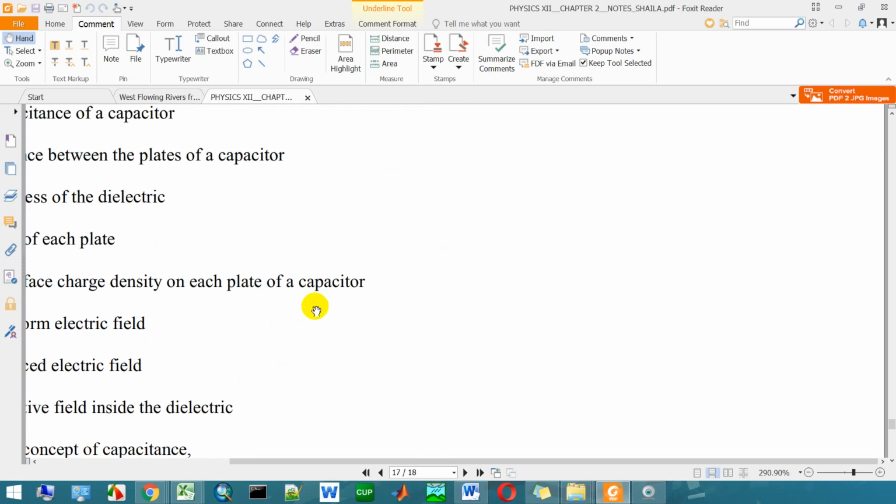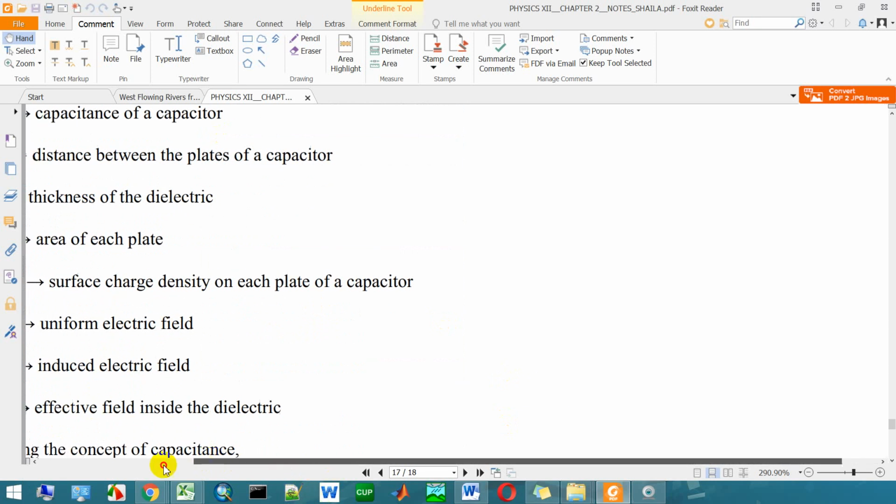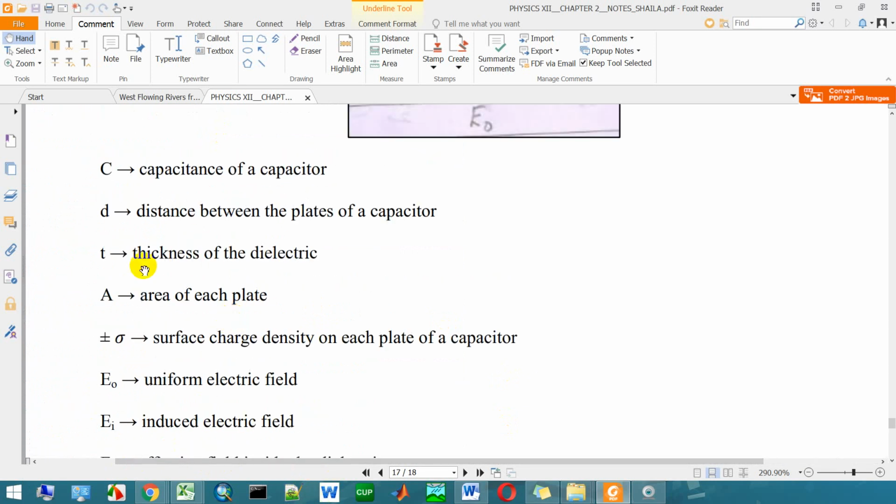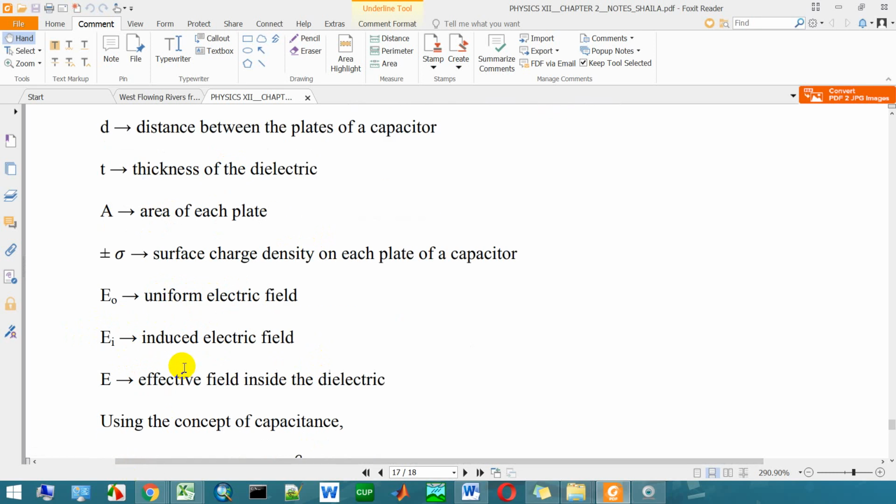Here is the explanation of the parameters: C the capacitance of the capacitor, d the distance between the plates, t the thickness of the dielectric, A the area of each plate, plus and minus sigma the surface charge density on each plate, E naught the uniform electric field, Ei the induced electric field, E the effective field inside the dielectric.